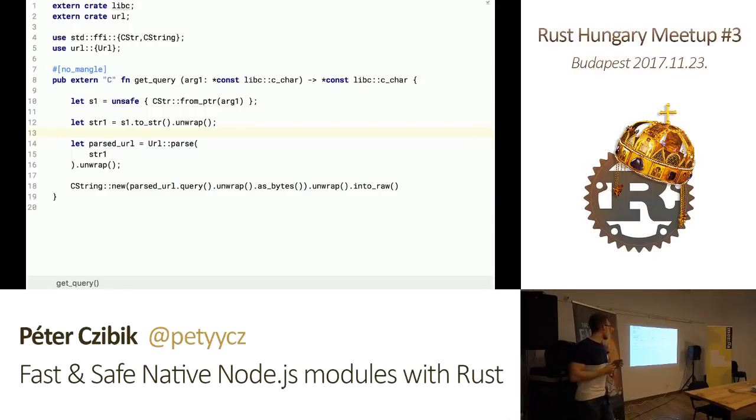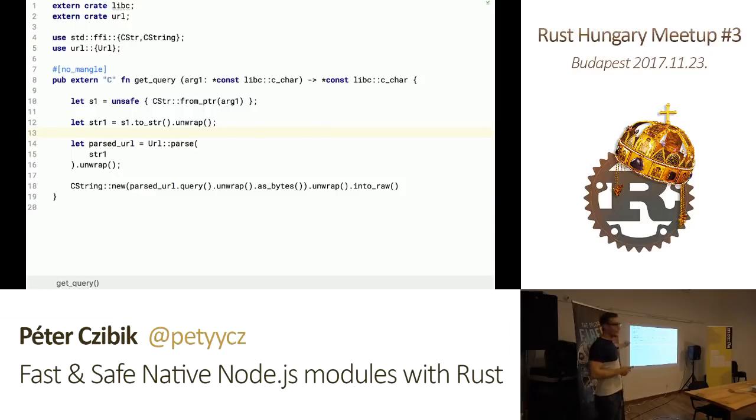Then we get a char pointer over there, and we can craft a C string, but we have to wrap it into an unsafe block because we're using raw pointers over there, which can be shaky at times.